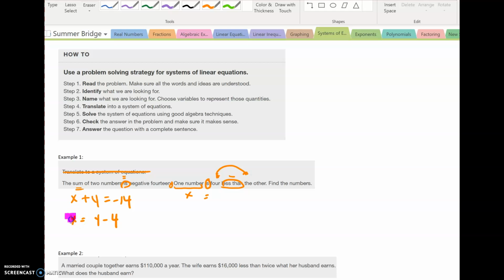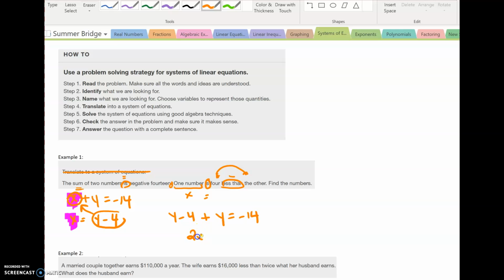So now, I notice that I have an x that is defined and I have an x in my other equation. So what I'm going to end up doing is replacing the x in my first equation with what I've defined x to be. So my new equation is going to look like this. y minus 4, which is what I defined x to be, plus my second number y is going to equal negative 14.